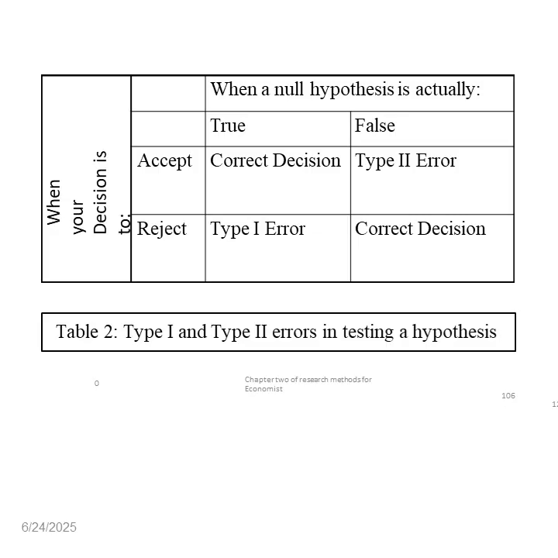When the null hypothesis is false, and your decision is to accept it, that is a type 2 error. In the opposite case, that is a type 1 error. So you have to take this in simple ways. This is very clear, I hope. If that is not clear, please write your comment under YouTube, okay? I can clear it by using a different example.